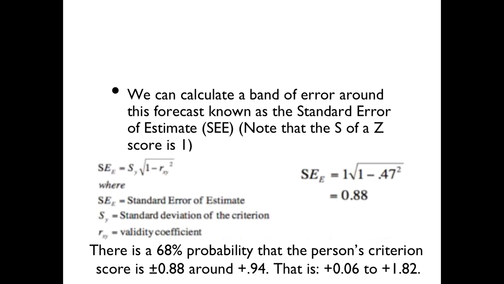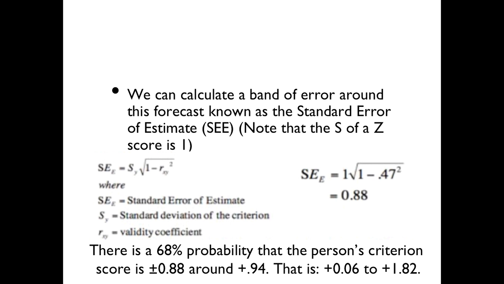So there's a 68% probability that the person's criterion score is plus or minus 0.88 around the plus 0.94. That is plus 0.06 to plus 1.82. So that person's score is going to lie within that range. This gives predictive data on performance, which accounts for potential error.